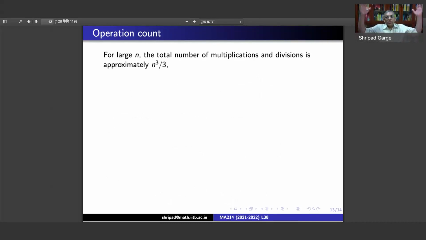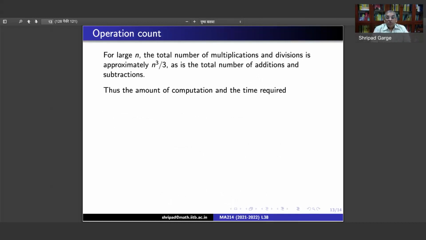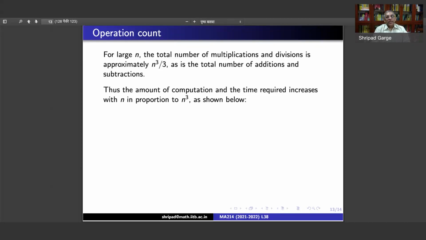As your n goes bigger and bigger, the contribution will be more and more from n cube by 3. The same holds for additions and subtractions. Therefore, the amount of computation and the time required will increase in proportion to n cube. Roughly, it will not happen for everything, but it will increase in that way.